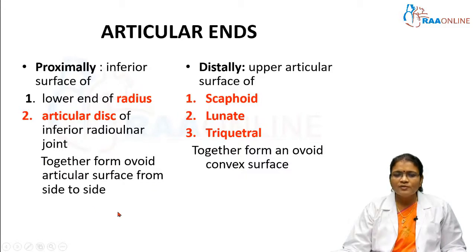These two together form an ovoid articular surface from side to side. Distally, the upper articular surfaces of scaphoid, lunate and triquetral. These three together form an ovoid convex surface, and in between these three bones there are interosseous intercarpal ligaments which are also involved in this articular end.